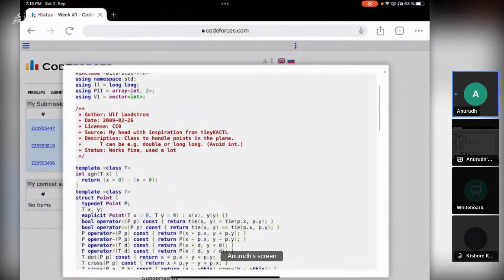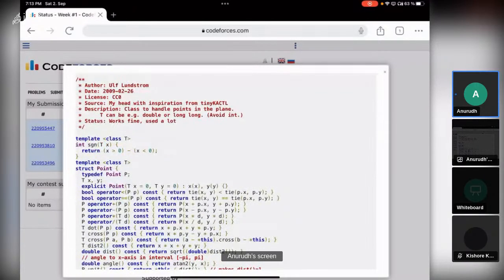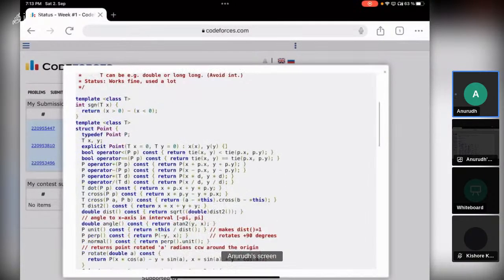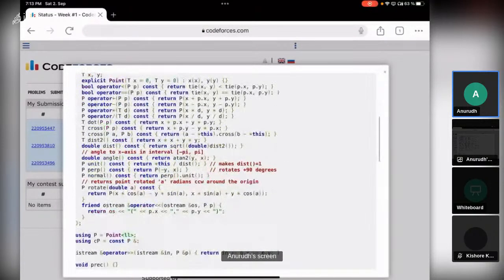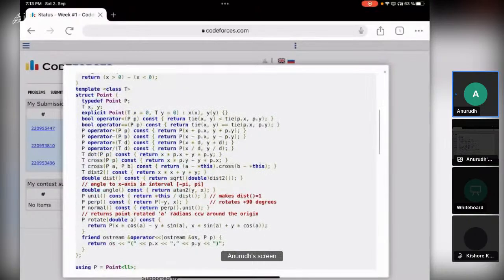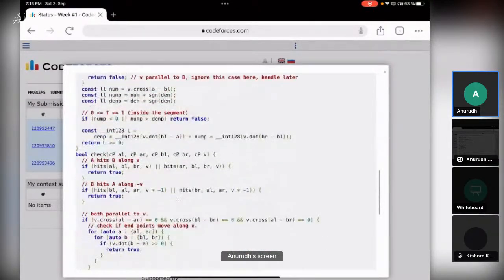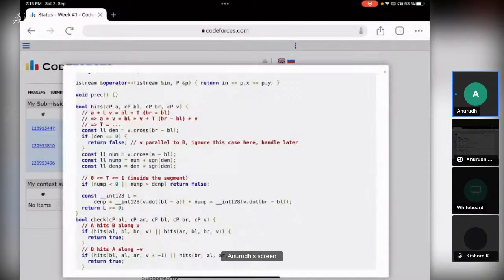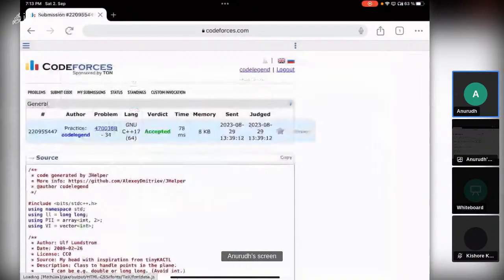Yeah, so I generated this code using this CLion plugin, but ideally during ICPC you would just write these things down. This is just the geometry template from KSETL, which has all these nice operations. And yeah, this is the function that I was referring to. Let me go to the page.